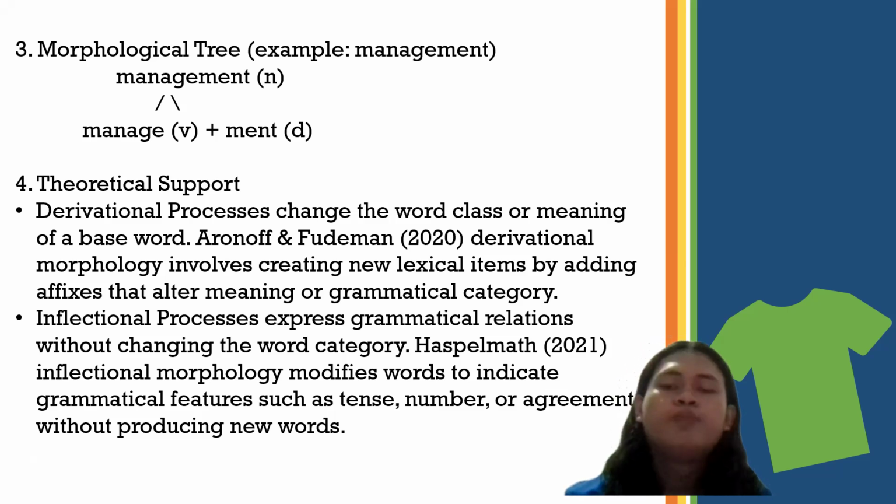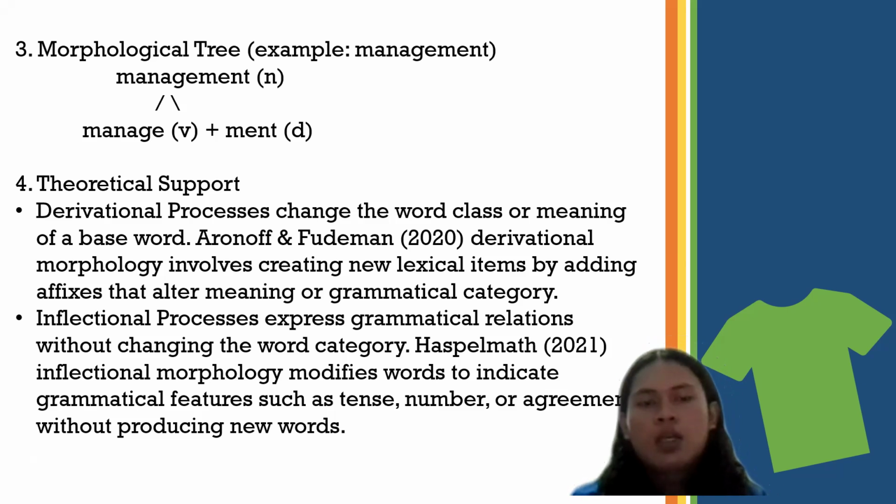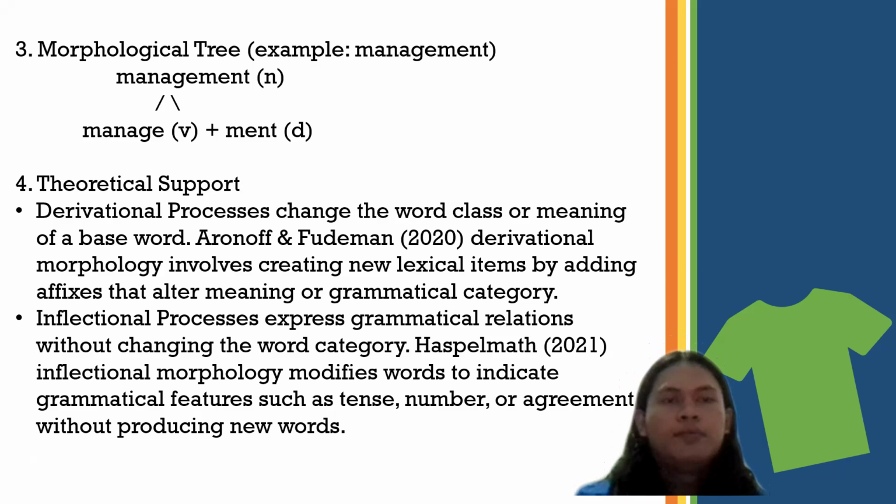Haspelmath, 2021: inflectional morphology modifies words to indicate grammatical features such as tense, number, or agreement without producing new words.